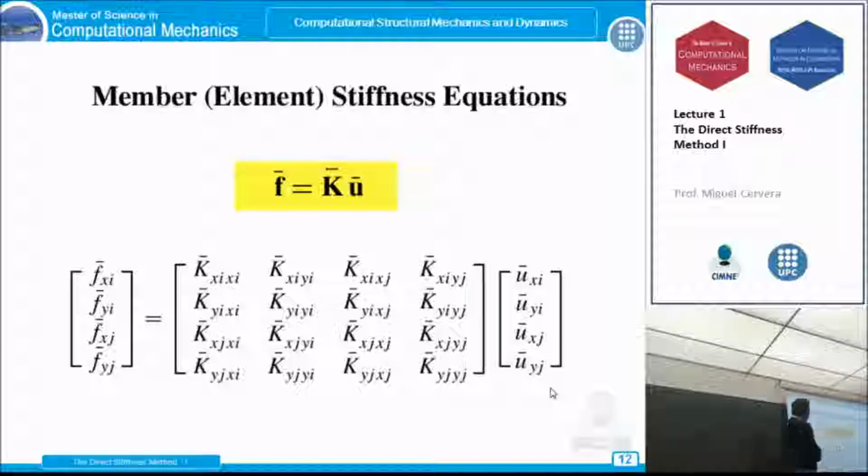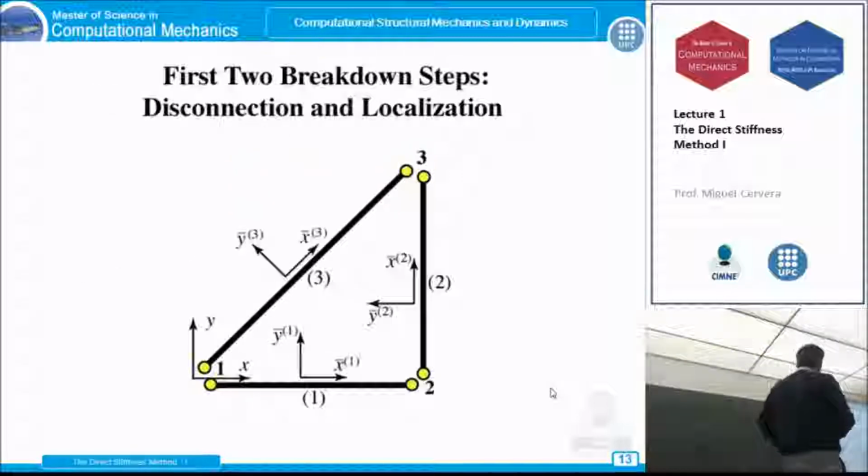Okay? Now, at local level, we have a bar, as I said at the very beginning. I have a bar with 2 nodes at the end, and each node has 2 degrees of freedom. So we have 4 degrees of freedom. We are going to see it in the next overhead. 4 degrees of freedom and 4 forces, and the elemental matrix is 4 times 4. Okay? Now let's go and see how this works.